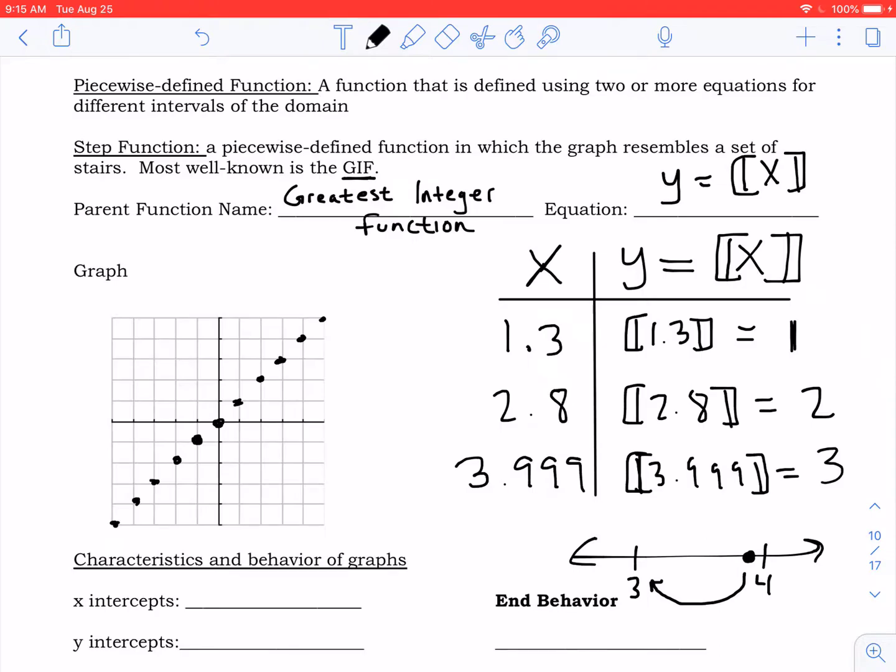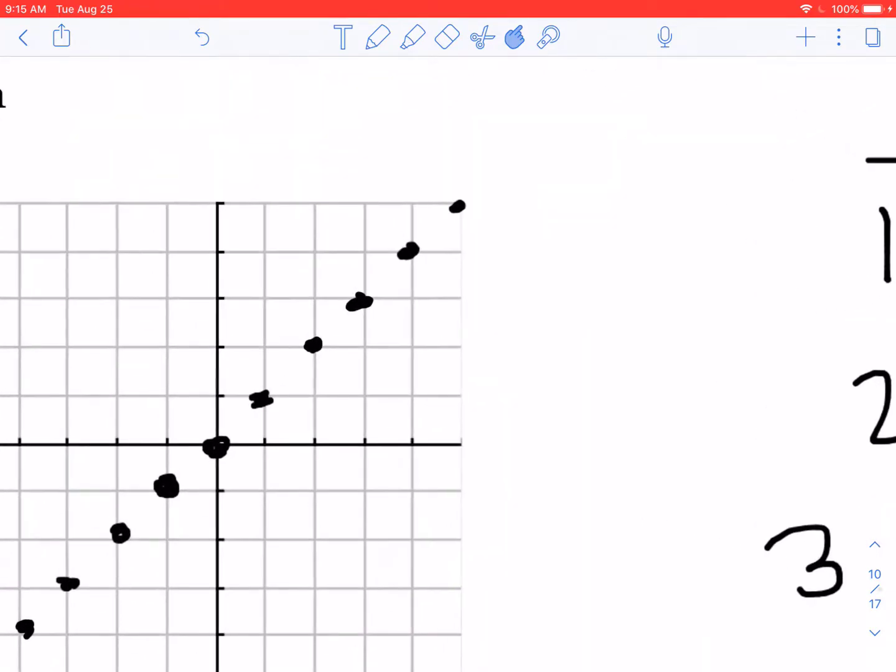Okay? So what's this going to mean for our graph? And this may require some zooming. For any number between 1 and 2, it's going to get taken to a height of 1.